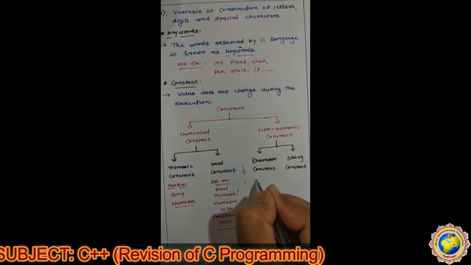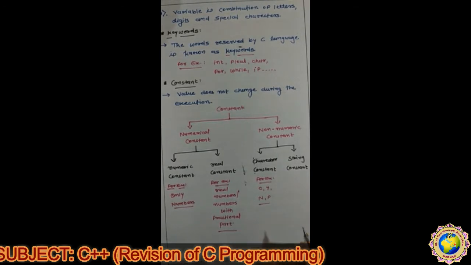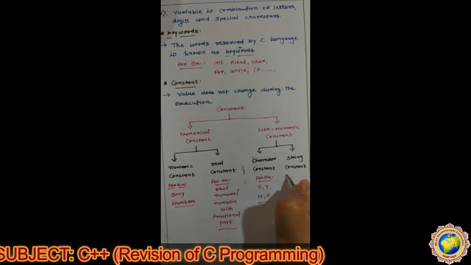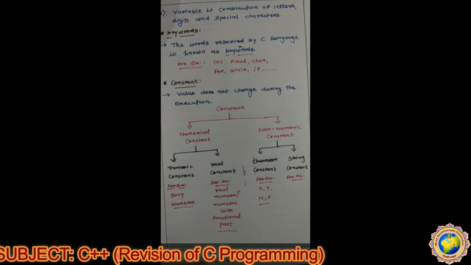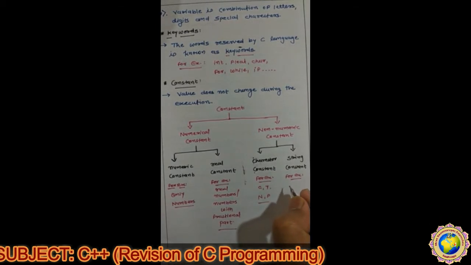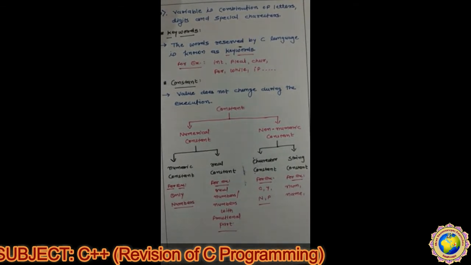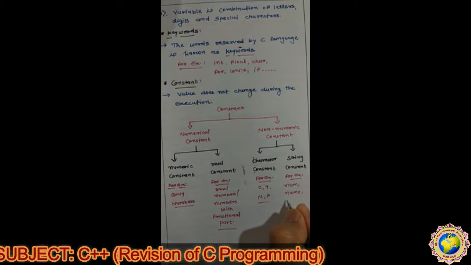In the character constant, you can use C, Y, N, P. It means single characters are included in the character constant, and a string means a combination of characters, just like num, name, river.